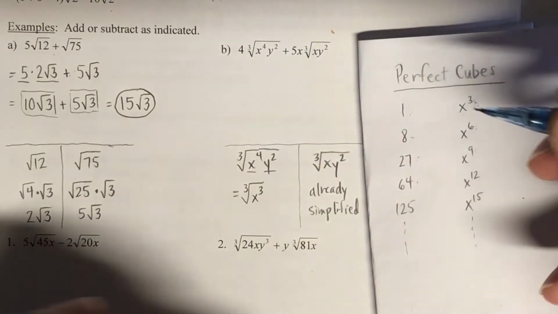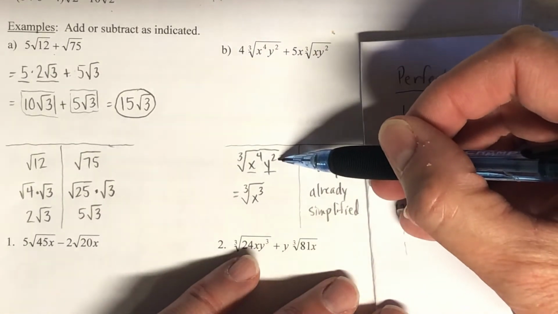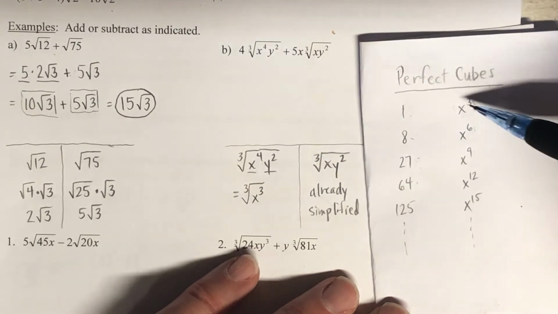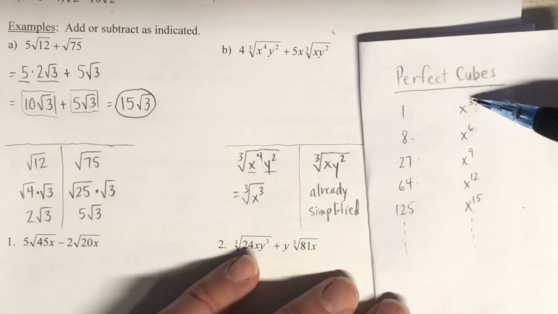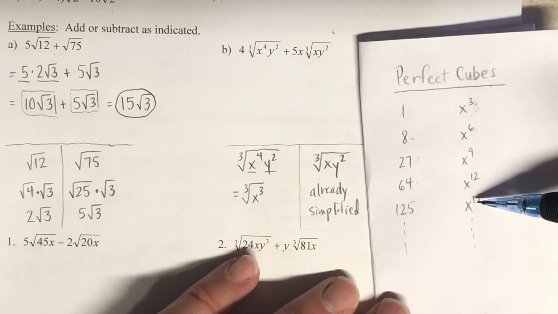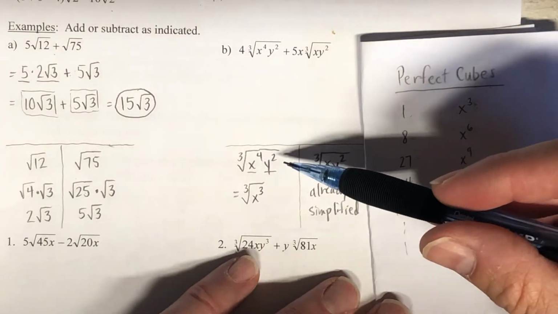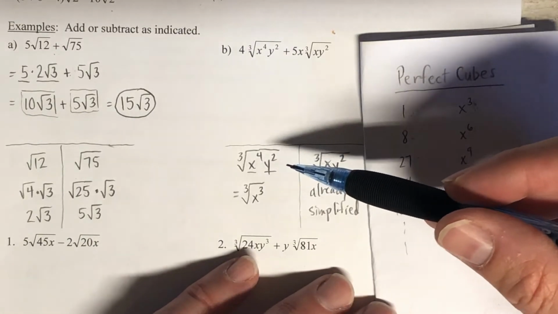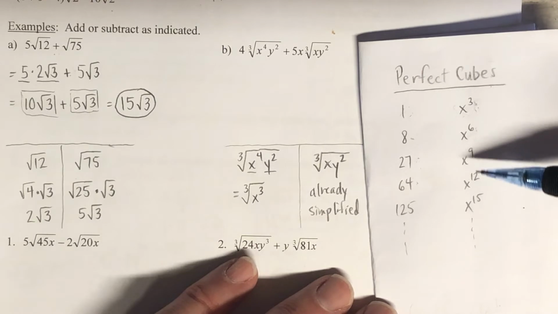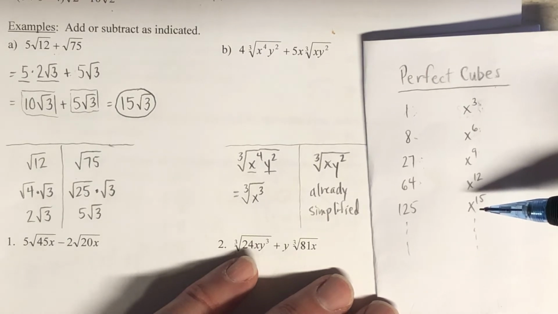Now remember, if I do y to the second, if we again ask the question, what's the largest exponent on the list that's not bigger than y to the second, there is no exponent on the list that is not bigger than y to the second. They're all bigger than y to the second.